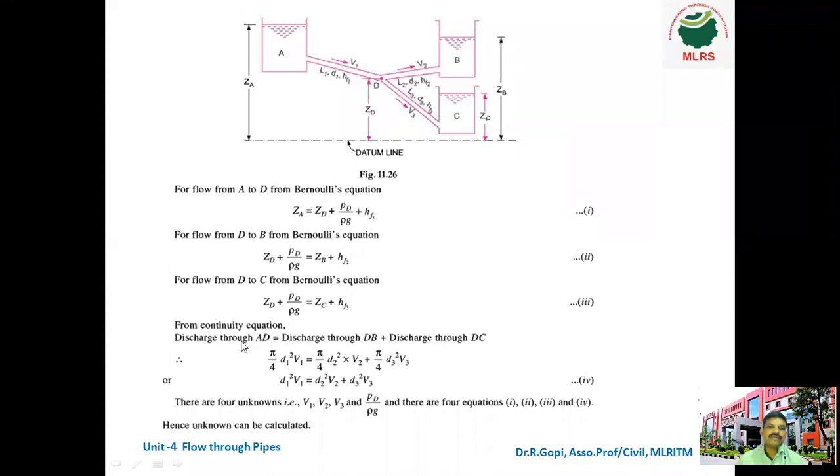From the continuity equation, we know the discharge in all the pipes is the same.